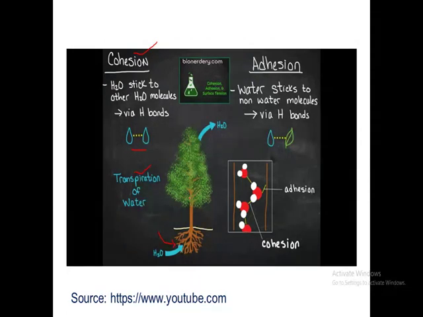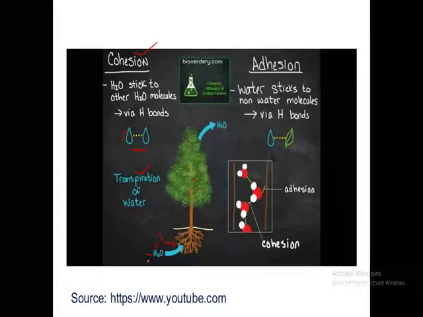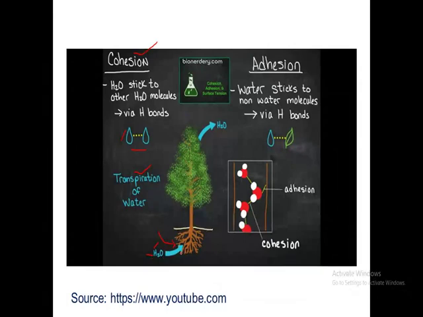But again, what is there inside? When the water is flowing in a capillary, there is a force of attraction between one water molecule and another water molecule. It is due to this water and water molecule interaction that the water is held together and flows inside the stem or the capillary of the entire plant, right?